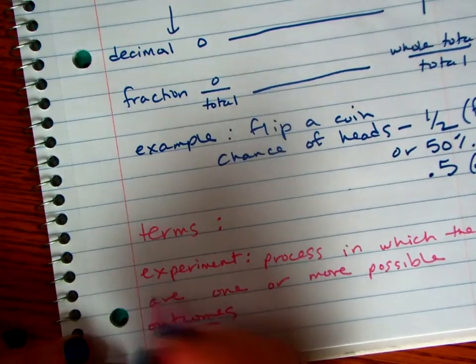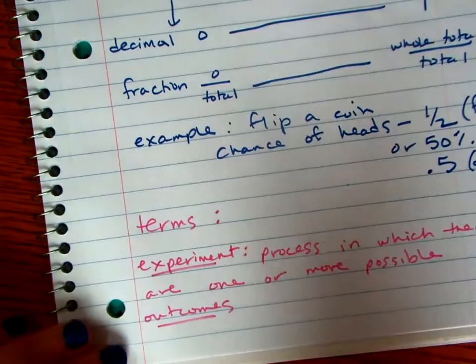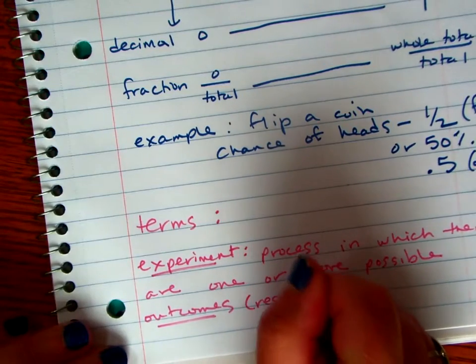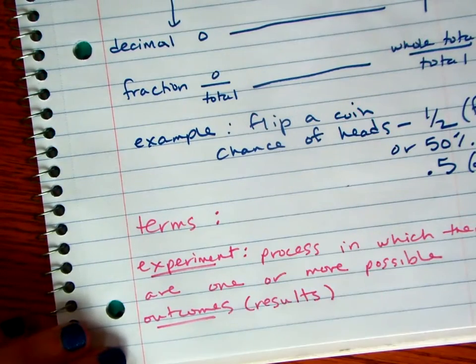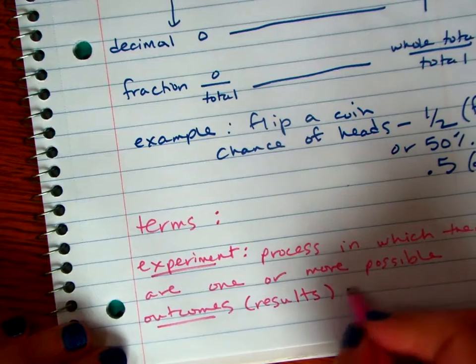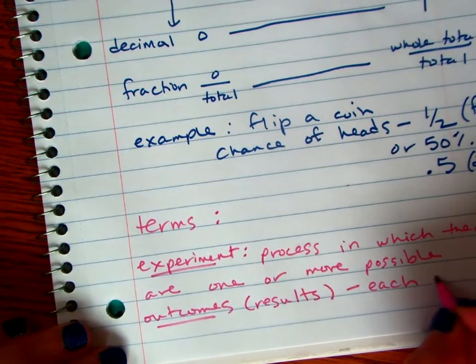And outcomes are just the results of the experiment. So one or more possible results, each of which depend on chance.